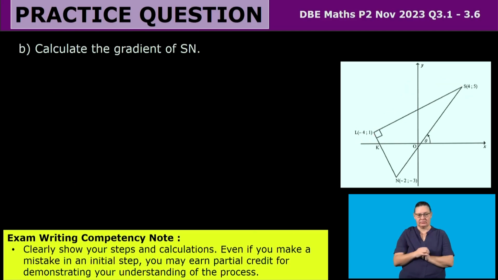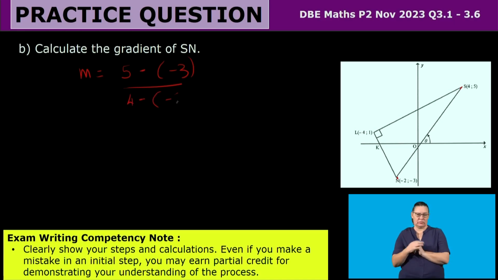Okay, let's have a look at the next question. Calculate the gradient of SN. Now for gradient, we're going to use our gradient formula, y2 minus y1 over x2 minus x1. So it'll be 5 minus (-3) all over 4 minus 2. So be careful when you substitute, especially minusing negative numbers.